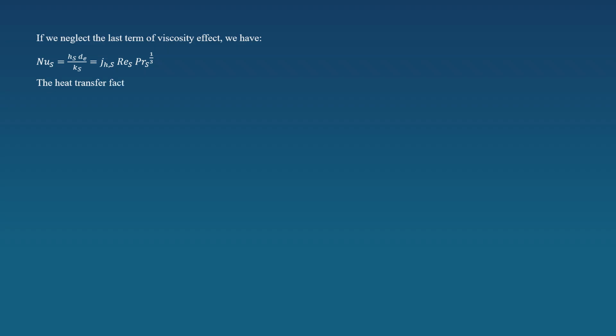Of course, the heat transfer factor J sub h depends on Reynolds number, and if we go back to the chart, then we will get J sub h on the shell side equal to 1.8 times 10 to power minus 2, and Nusselt, if we substitute these values, will be equal to 38.77.